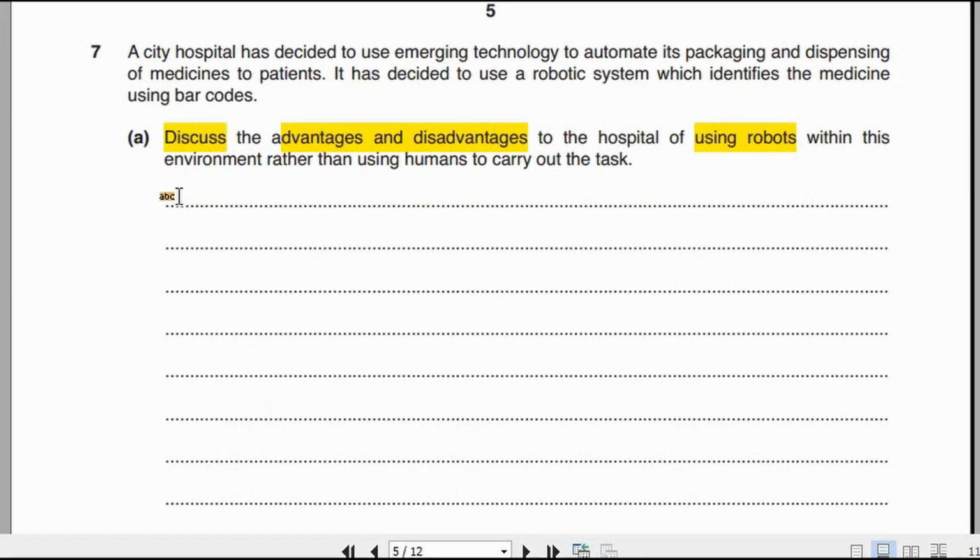So I will briefly type all the advantages that are in my mind for you. The first advantage is environment. This is something that you should remember.